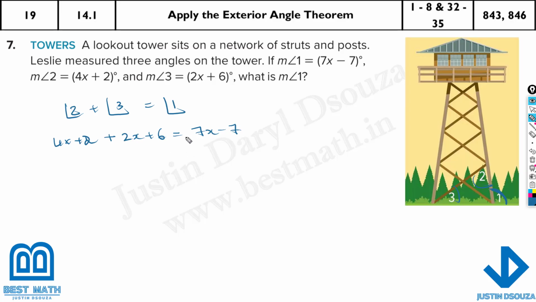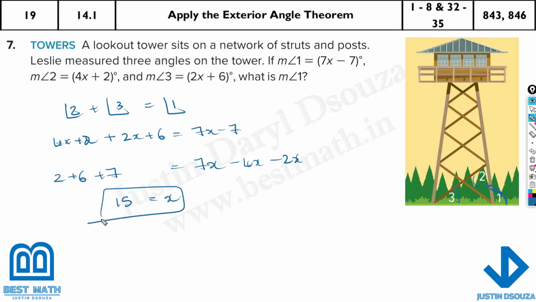Now let's group all the x's to one side. 4 plus 2 is 6. Let's take it to the other side because 7 is bigger. 7x minus 4x minus 2x. And all the numbers at one side. Here we have 2 plus 6 and minus 7 to the other side becomes plus 7. So here it's 15. That is equal to x. Why? Because 7 minus 6x is just 1x.